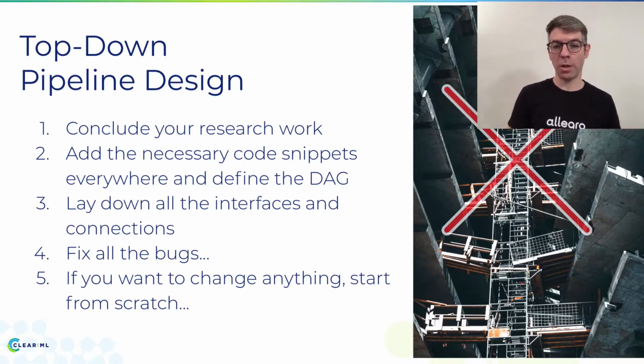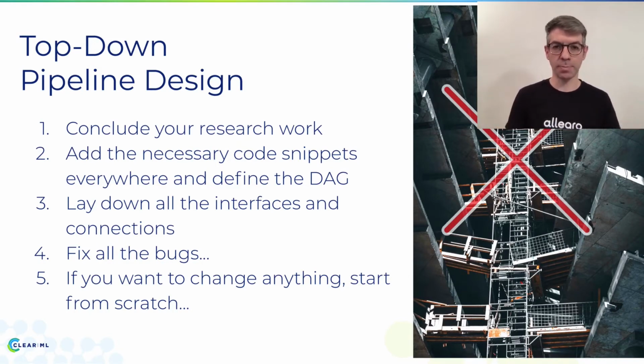So how are things usually done? When we think about pipelines, or in other words, automation, we think about a very straightforward process, right? You finish your research, so you have some code and it's working. You somehow connect it with some underlying pre-processing and post-processing.